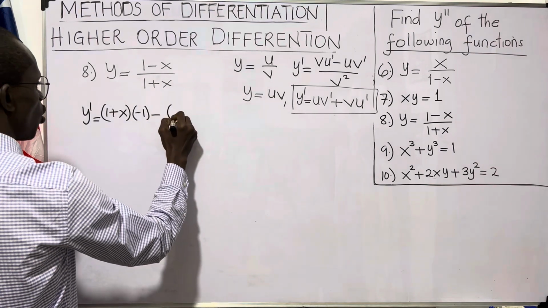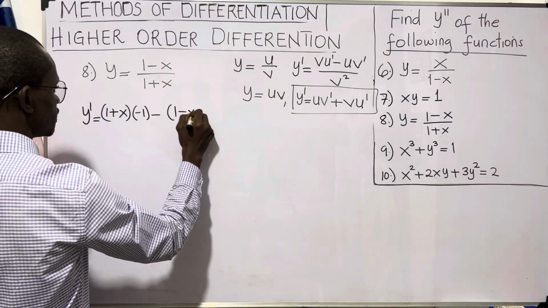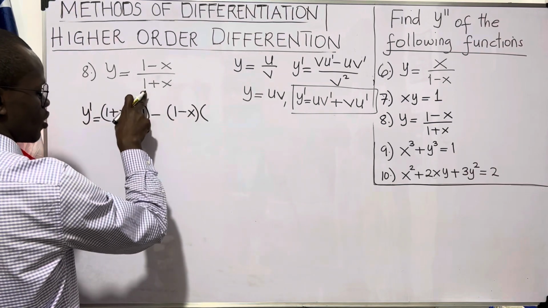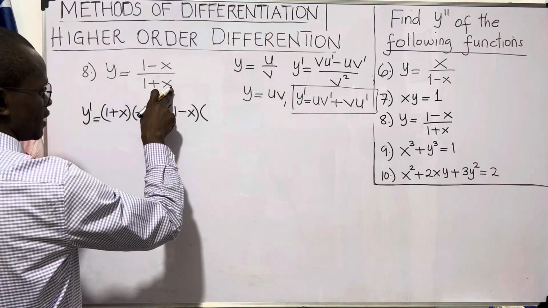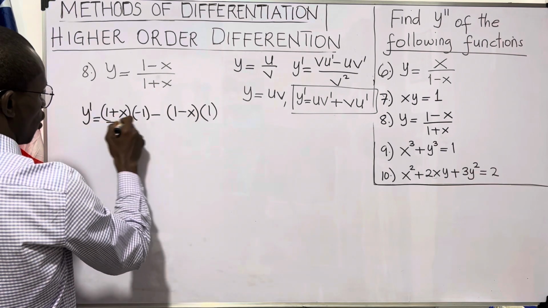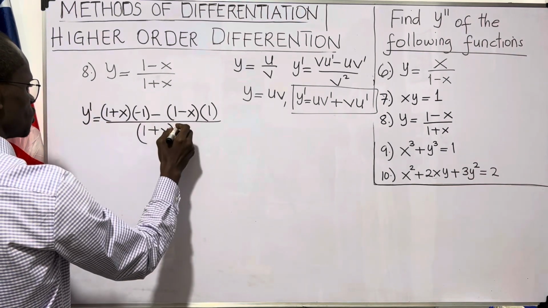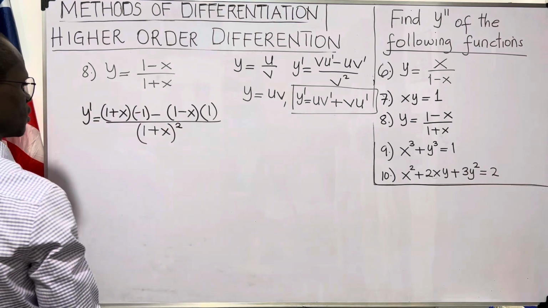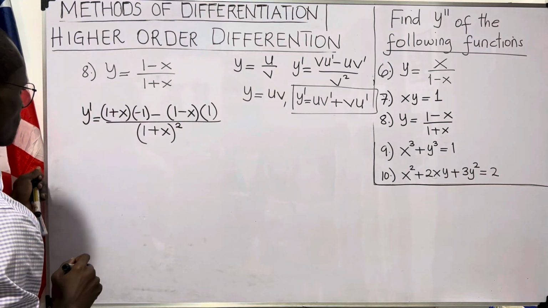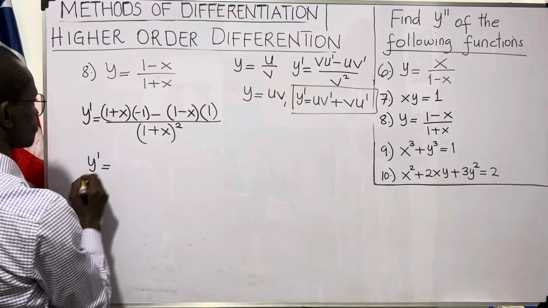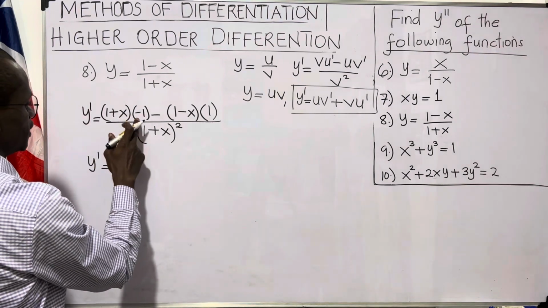Minus, we hold the numerator now, 1 minus x, and differentiate the denominator. So the derivative of 1 is 0. The derivative of x is just 1. All divided by 1 plus x, then we square it, raised to the second power. So now we have y prime equals, we can simplify.